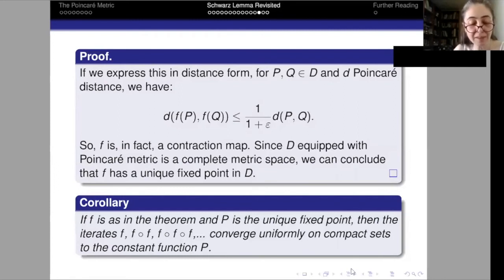For different setups, this is proven with different assumptions. Here we do it on the unit disk with the Poincare metric. And I really don't remember the exact assumptions and the proof of the Brouwer theorem. Okay. So I just assumed that it was proving uniqueness as well.